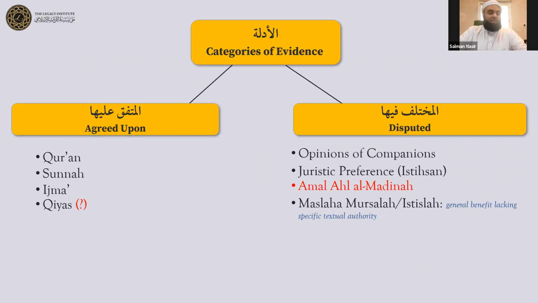What exactly is istihsan as it was used by Imam Abu Hanifa and likewise also, of course, Muhammad ibn Hassan al-Shaybani and Abu Yusuf? What was istihsan as they conceived of it?